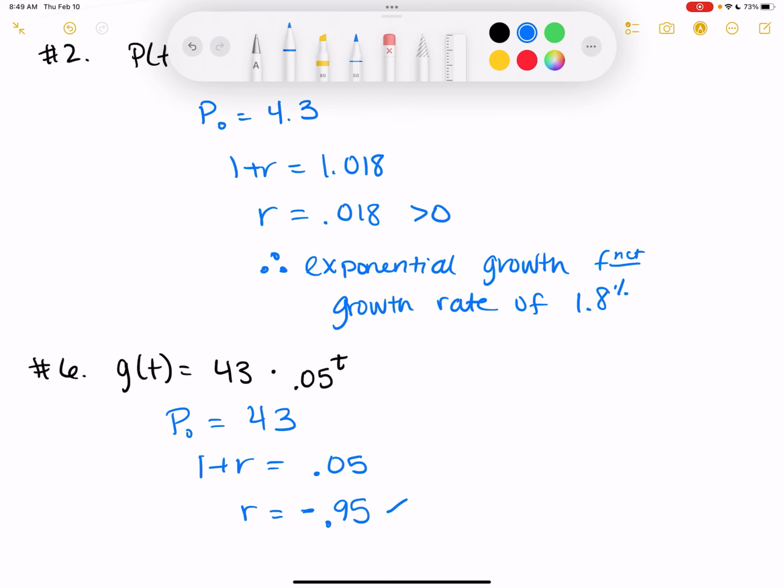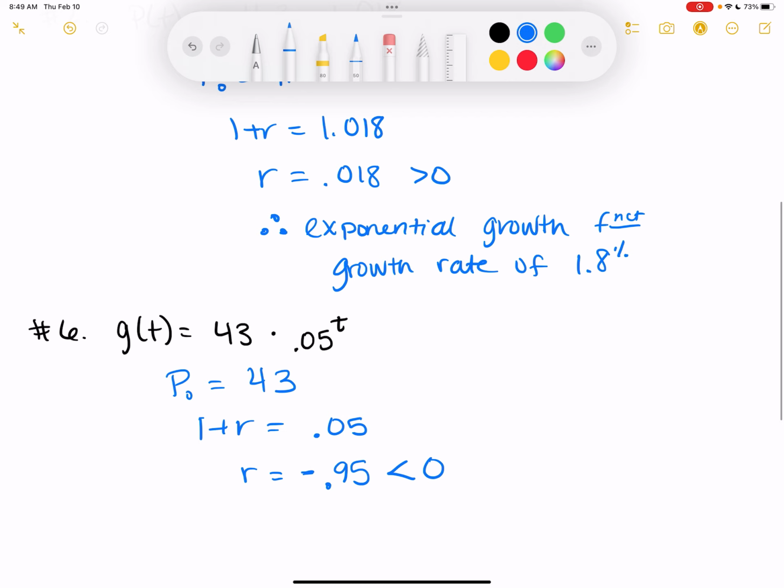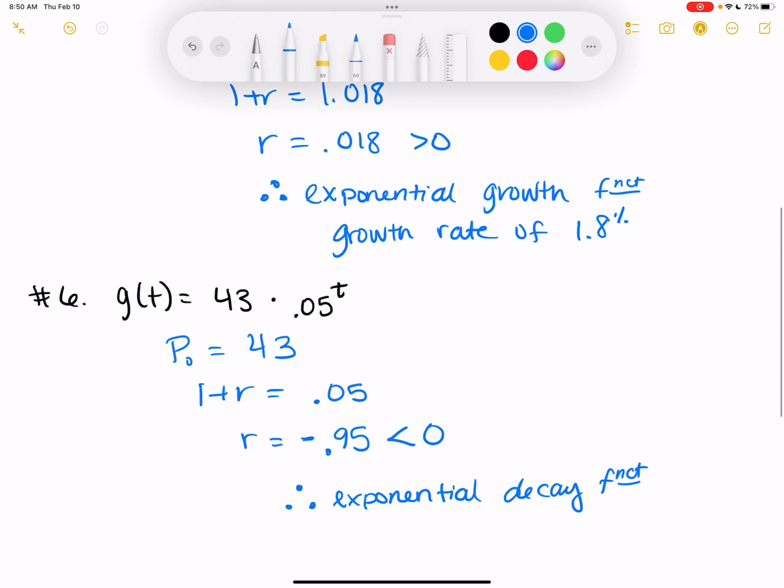That value is less than 0. Therefore, it's an exponential decay function with a decay rate of 95%. Oh, okay, this is not bad. I was so confused at first because I didn't know what the dots meant, and then I was wondering where those numbers came from.